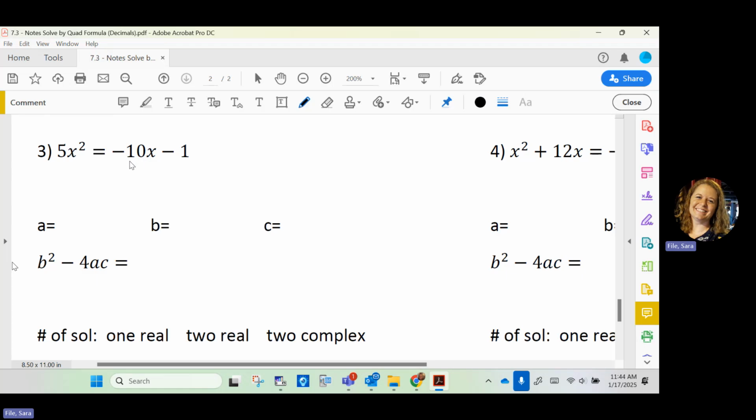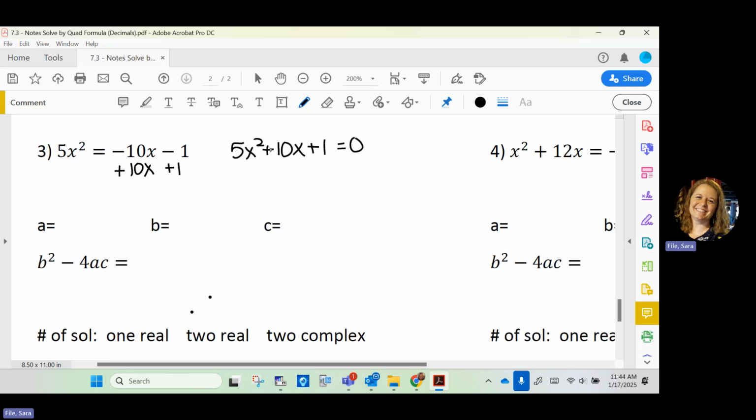So to move this minus 10x over to the left, what would I have to do? So it's going to become plus 10x on the other side. What about this minus 1? I'm going to have to add it to the other side. So I'm going to end up with 5x squared plus 10x plus 1.